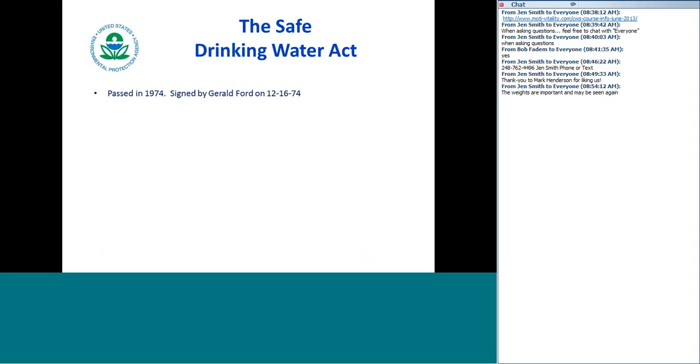The Safe Drinking Water Act was amended by President Reagan in 1986 and again by Bill Clinton in 1996. And there's been quite a bit of talk about amending it again in the last couple of years. But essentially, this is a 40-year-old law, okay? And that becomes relevant in what it's regulating and what it's treating.